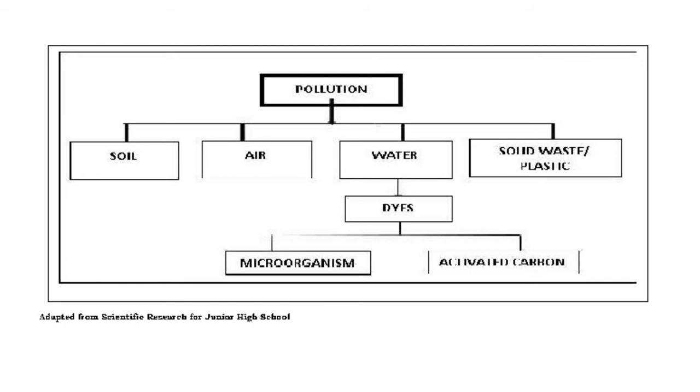Adsorb means it's not absorbing, but it stays on the surface because of some chemical reactions, and then it somehow filters the water. So they want to test how effective this dye having activated carbon is.